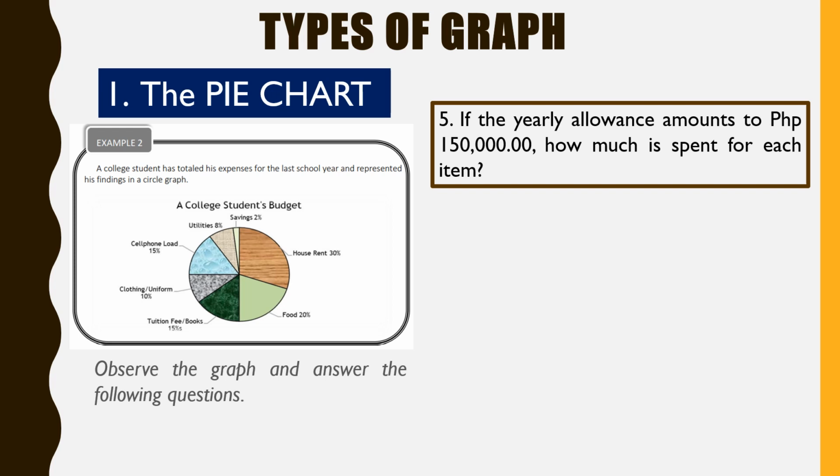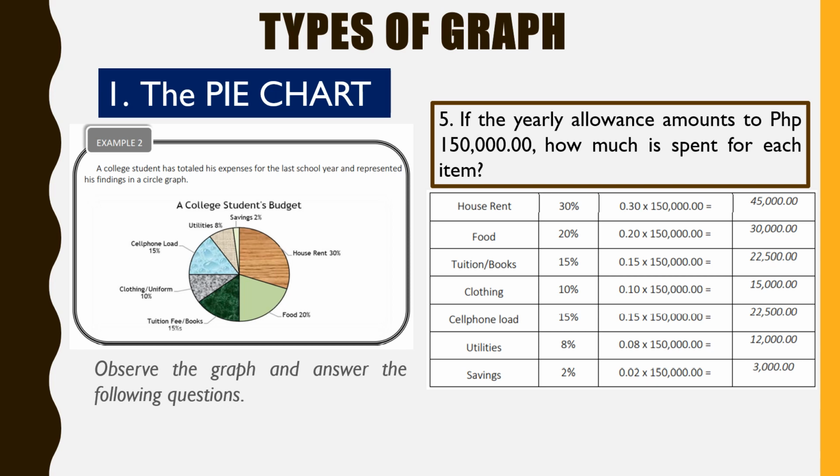Next question. If the yearly allowance amounts to 150,000 pesos, how much is spent for each item? So for us to do that, we simply multiply the percentage for each item by the total amount, which is 150,000. When we do that, here is the result. House rent is 30%, food 20%, tuition fee or books 15%, clothing 10%, cell phone load 15%, utilities 8%, and savings 2%.